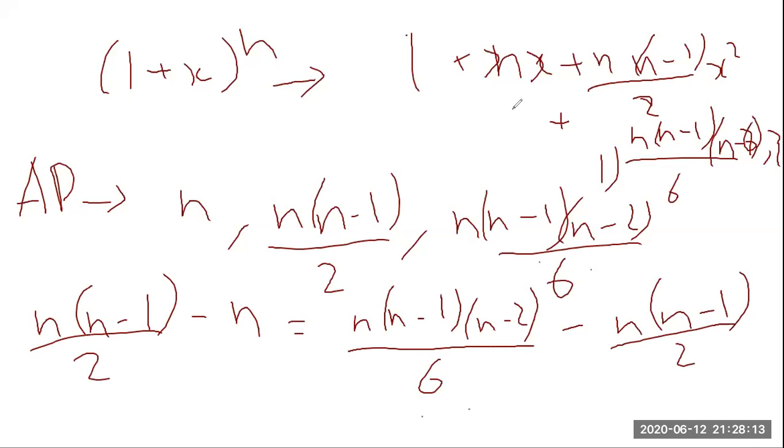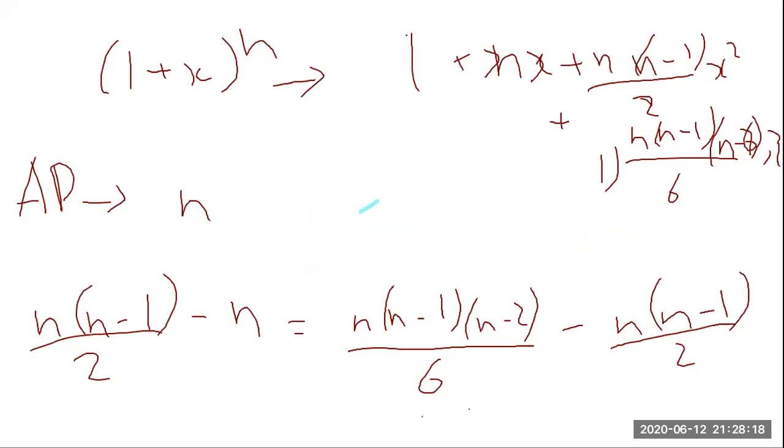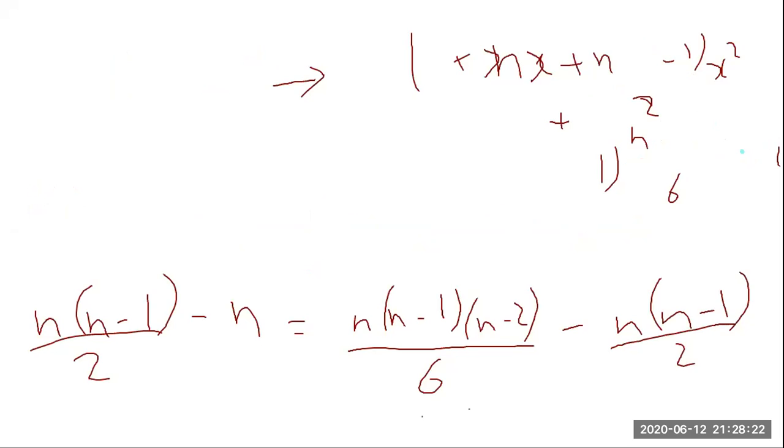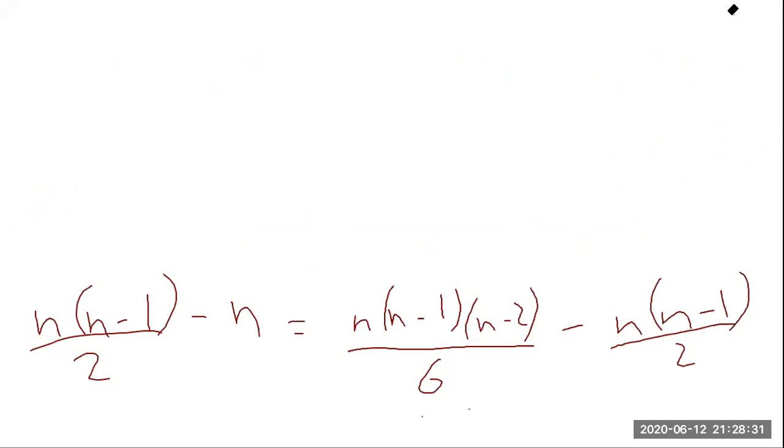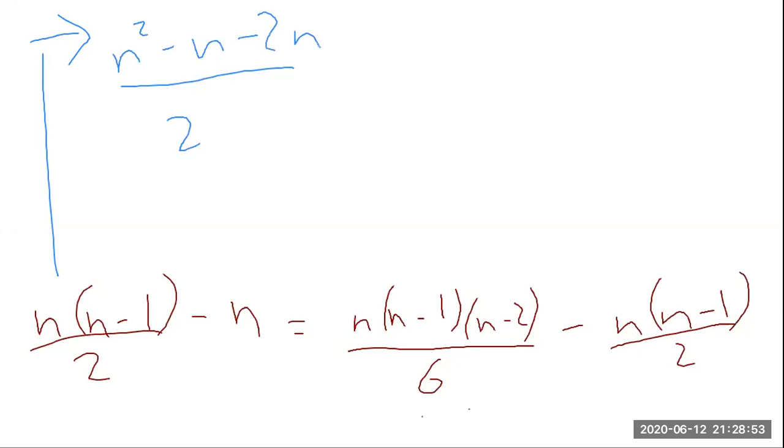Okay, I'm going to simplify. We get n squared minus n, and over here we have minus 2n is equal to, on this side, 6 n cubed minus 1, minus, this would be minus 3n squared plus 2n.